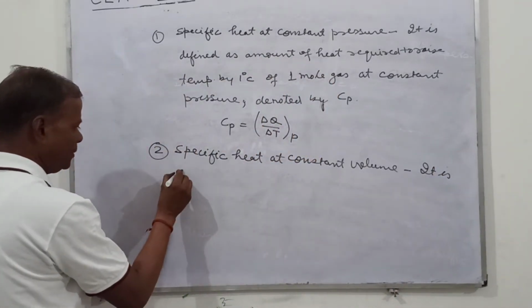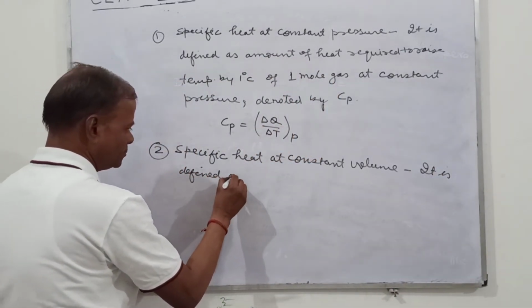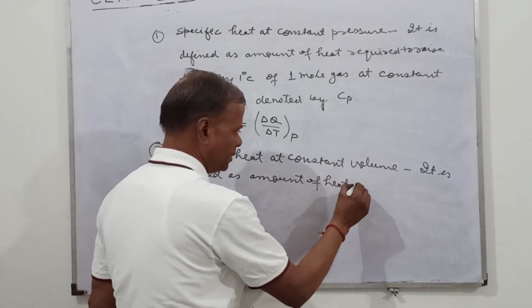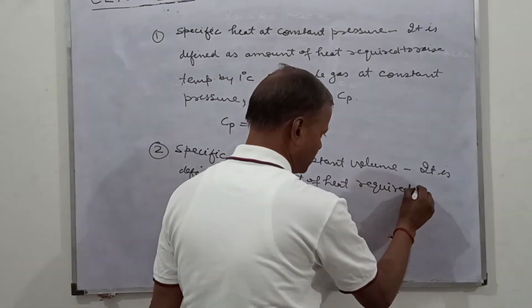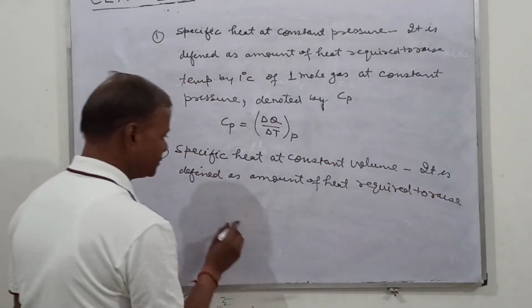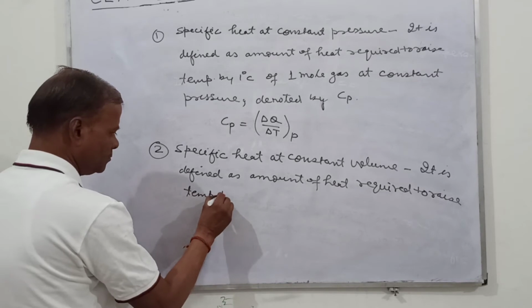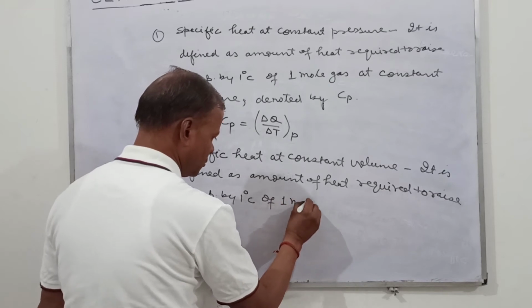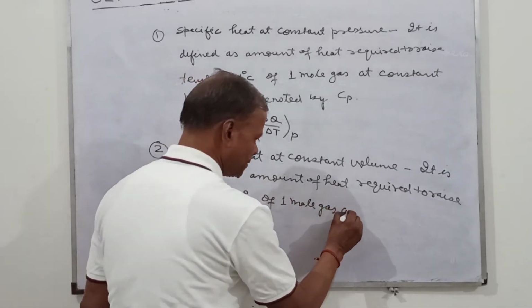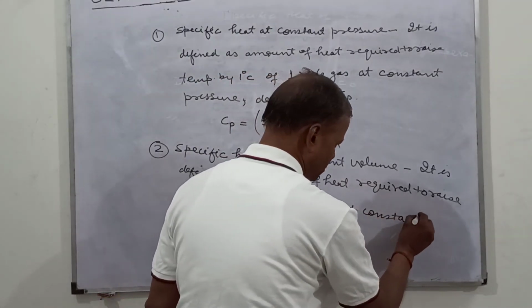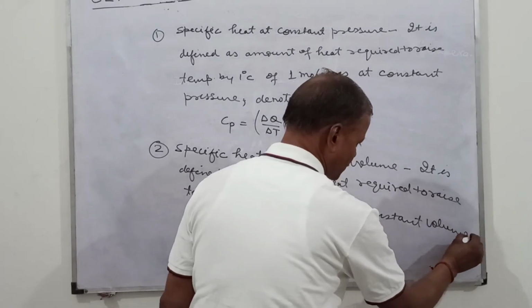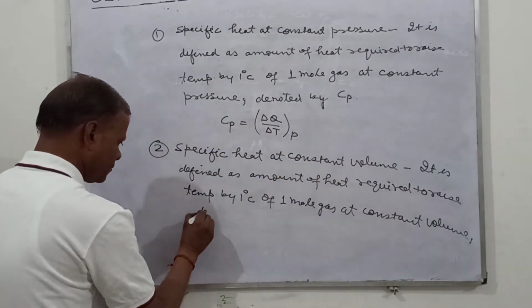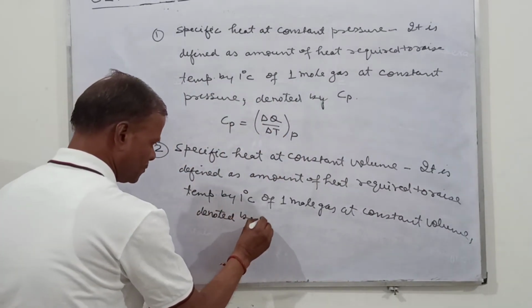It is defined as the amount of heat required to raise the temperature by 1 degree Celsius of 1 mole gas at constant volume, denoted by Cv.